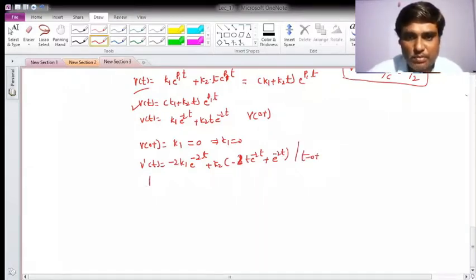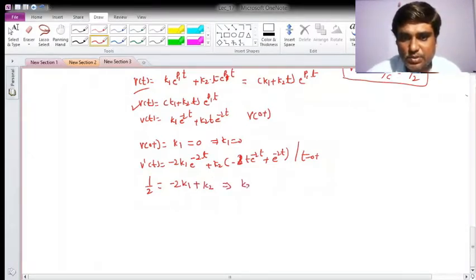So it was 1 by 2, this is minus 2k1 plus this is 0, so it will be k2, which is half because k1 is 0 here.